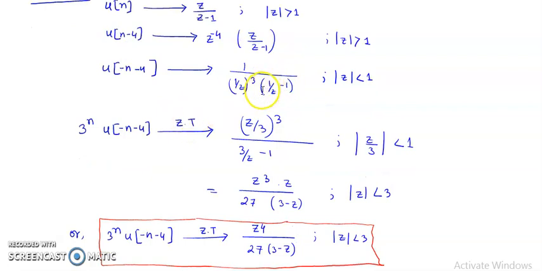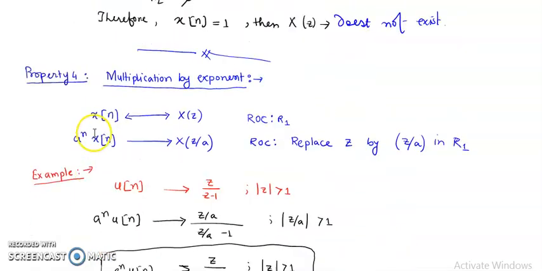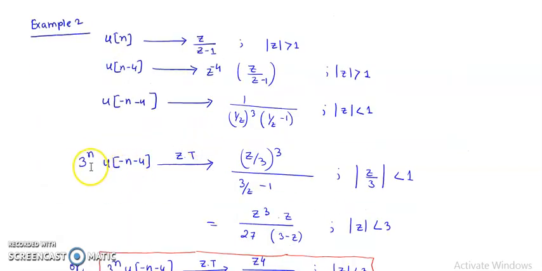So if we now multiply this signal by 3 to the power n, we are using the latest property, that is multiplication by an exponent, a to the power n x[n]. So here what we do, we divide z by that constant. If we do this multiplication by 3 to the power n, we need to divide this z by 3 here.